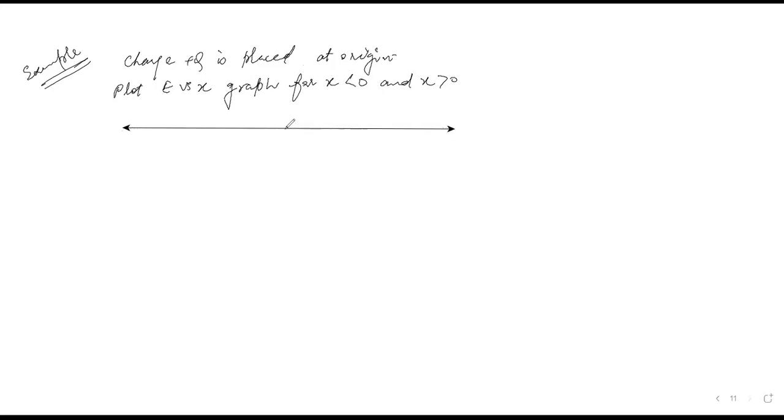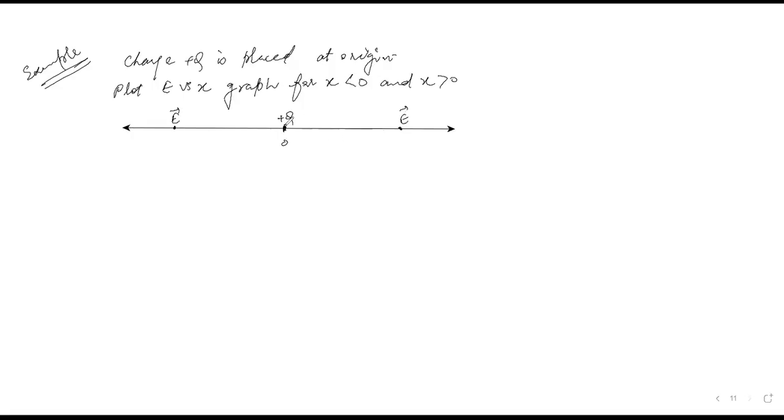We have a charge plus Q placed at this point O. The direction of the field at this point is in this direction, because the charge is positive, so the direction is always away from the charge.